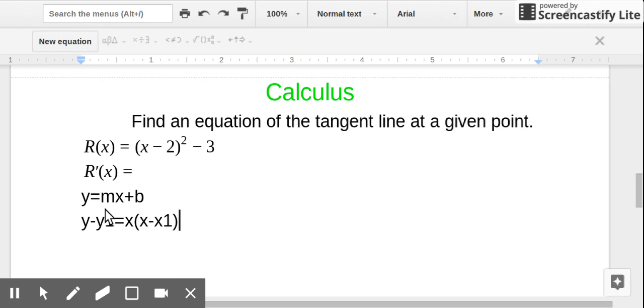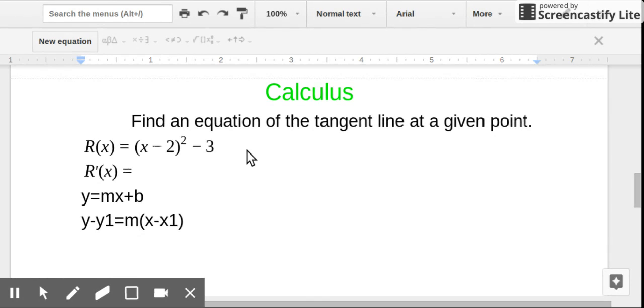So the first thing we want to do is find m, and then plug in our point, which I haven't even written up there yet, and solve for y in this problem.